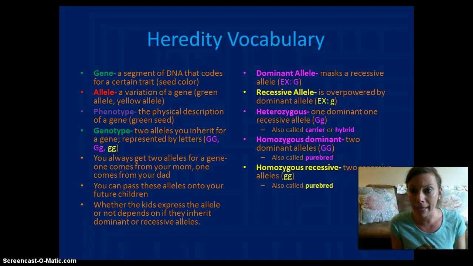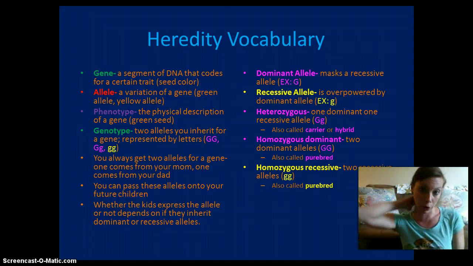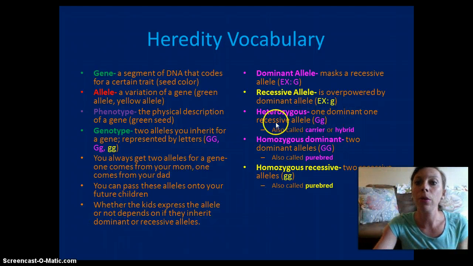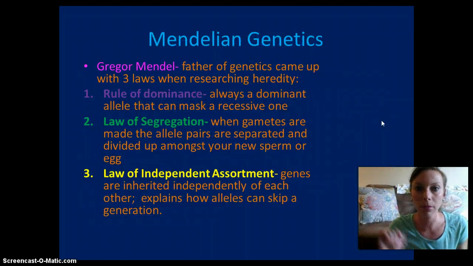Two lowercase letters represent the lowercase or recessive alleles. They are also called a purebred. If you are a heterozygote, big G, little g, you are going to show the dominant trait because the recessive trait here is masked by the dominant allele.